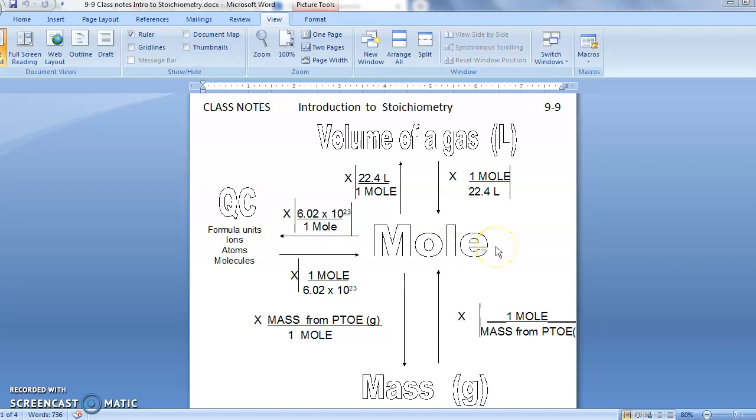Mole to mole is a very common calculation. It's the component which allows us to discover many other things about substances and chemical equations. So when we have a chemical equation, we can convert moles of one thing to moles of something else in that equation.